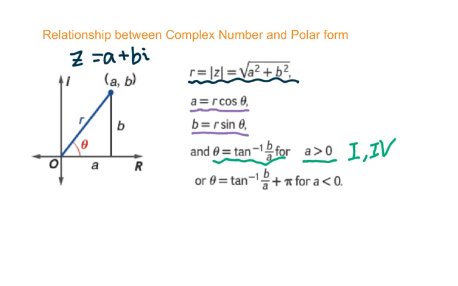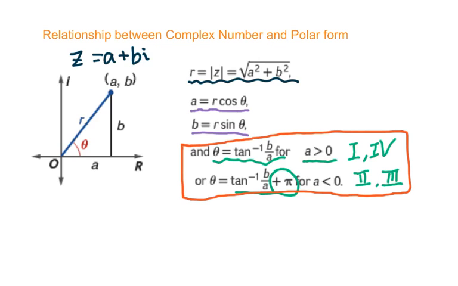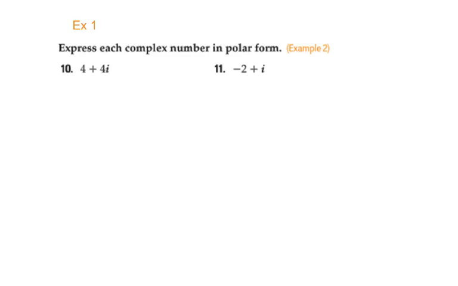But if it's in the second or third quadrant, you have to use the inverse tangent of b over a plus pi. This is very important. You have to decide which quadrant your complex number is in, so that you decide whether to add pi or not.